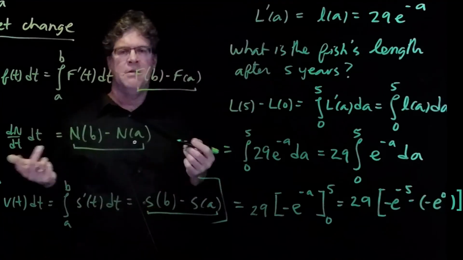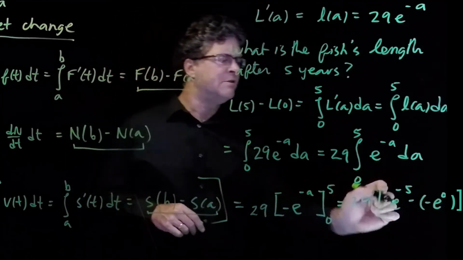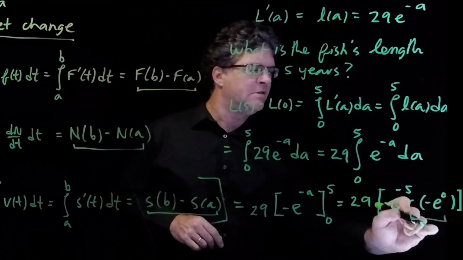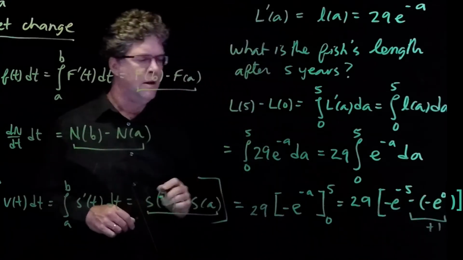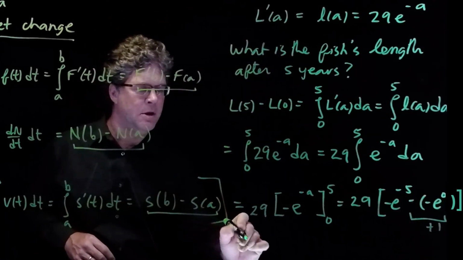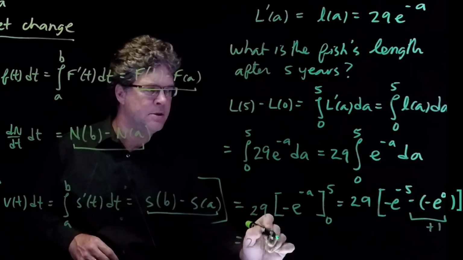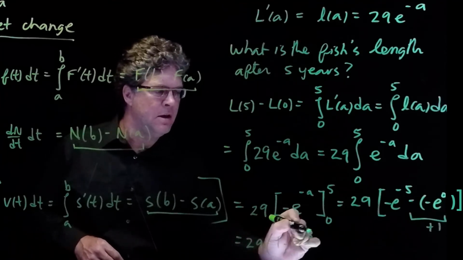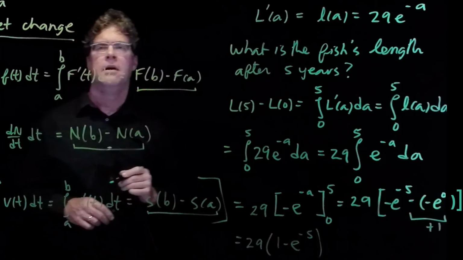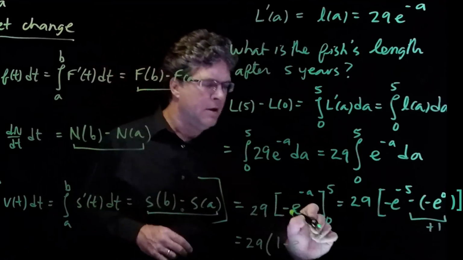And notice that e to the 0 is 1, and so we have minus minus 1. So this is plus 1 right there. And so this is equal to 29 times 1 minus e to the minus 5.